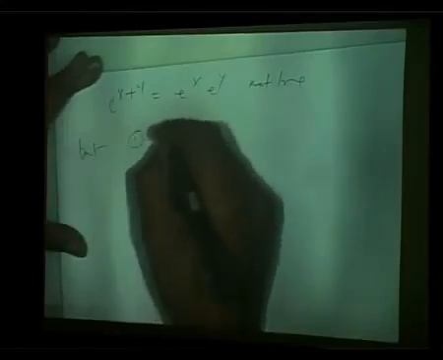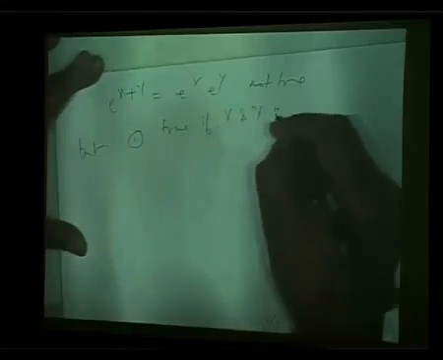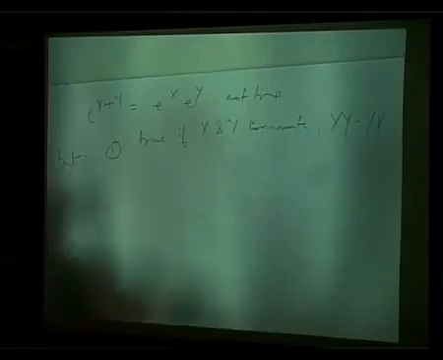but there are very useful versions of this which are true. One, it is true if x and y commute. That means xy equal to yx. If x and y commute, then the proof is exactly the same as the proof for numbers.